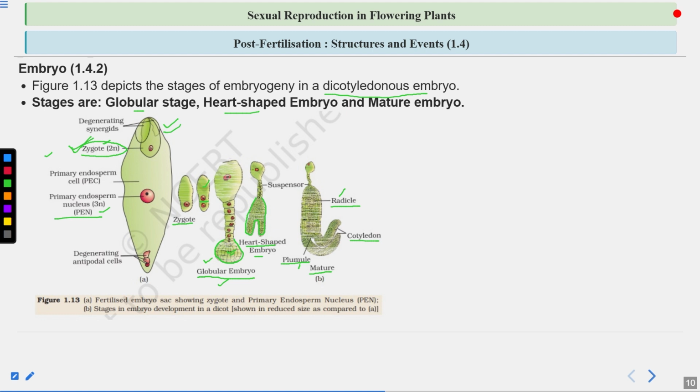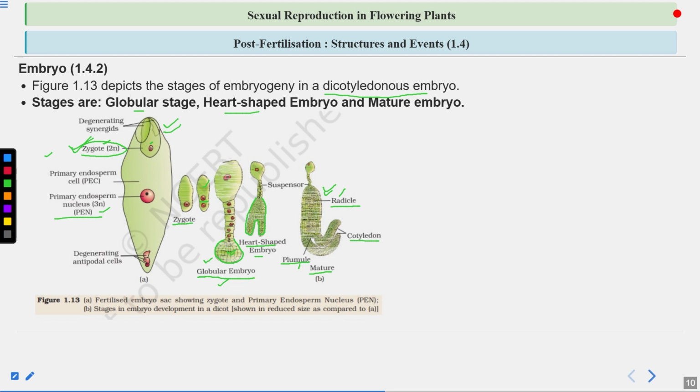So this embryo is actually having the whole baby plant in it. Very good. Plumule gives rise to the shoot and radicle gives rise to the root. This you have studied in your lower classes also, that's why I asked this question. This zygote, this one cell, forms such a multicellular structure, the embryo.